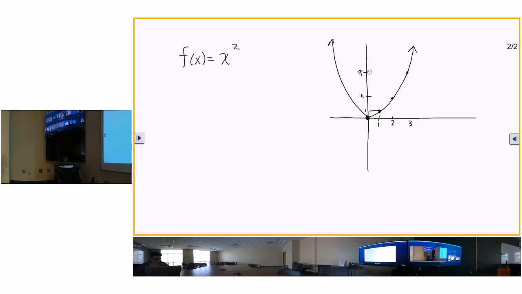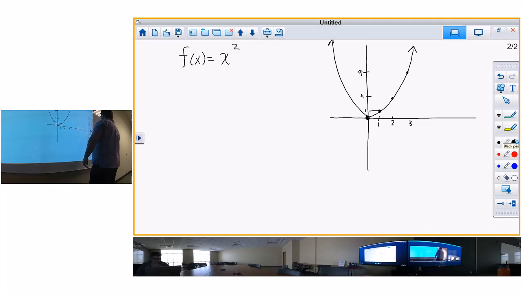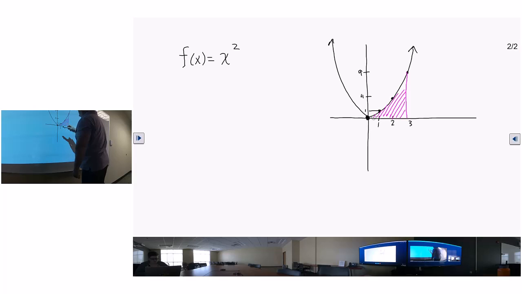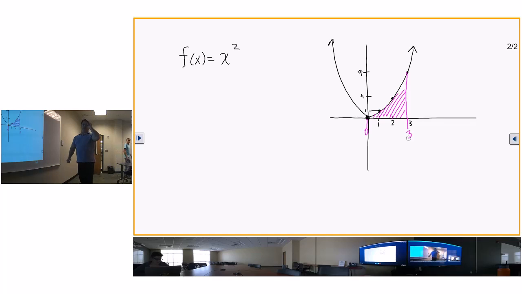Everybody with me? So I'm going to draw a line straight down, and I want to find the area under this curve from 0 to 3.